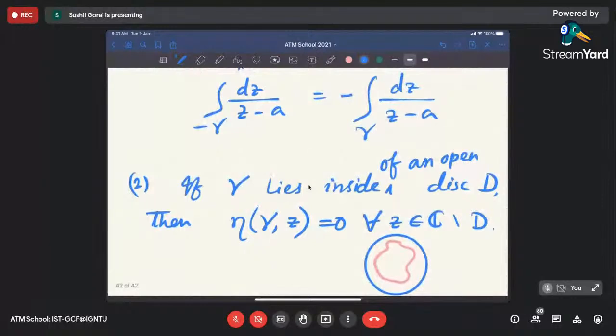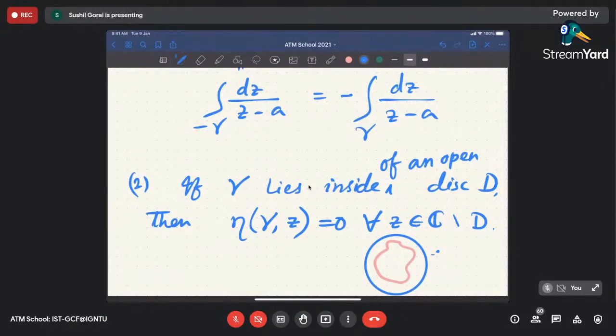So for this part, how do you consider these things? You need to look at the complement, and this complement will be containing infinity. There will be only one component. Gamma will be closed and bounded. So 1 over z minus z naught will be holomorphic if it lies outside. And inside, use Cauchy's theorem on the disk, right?